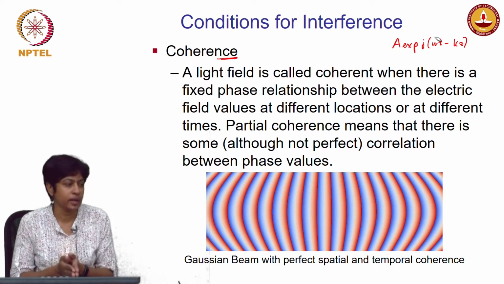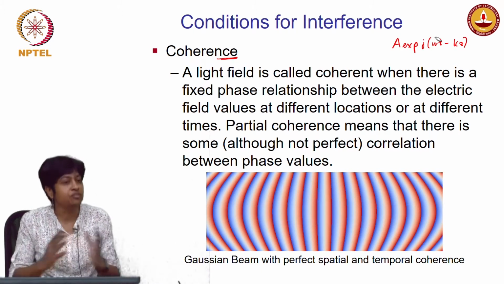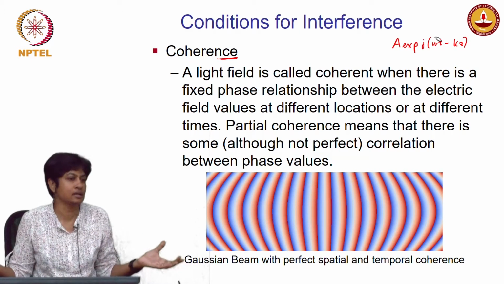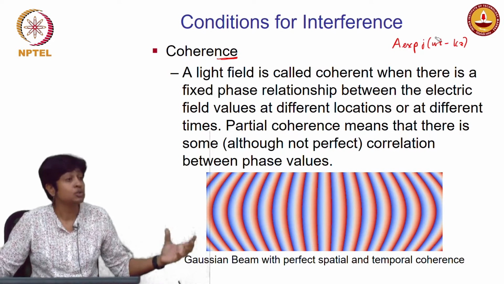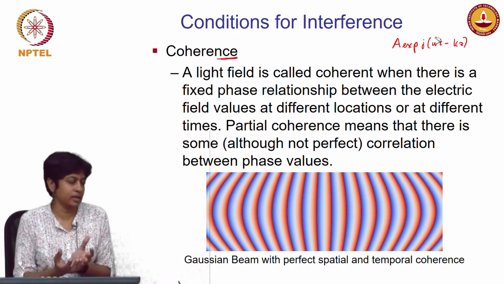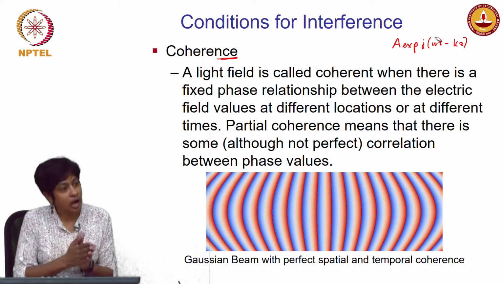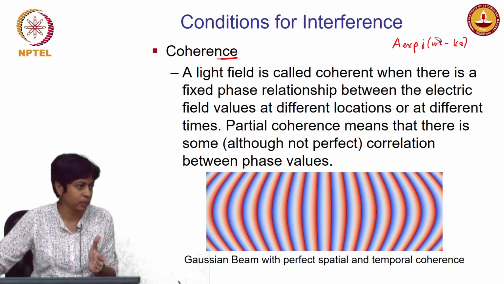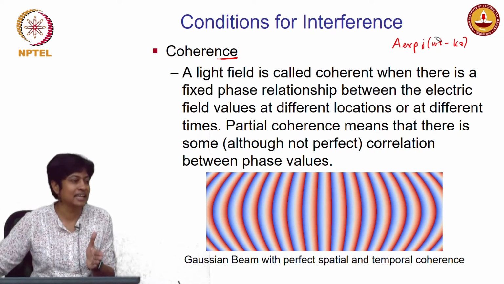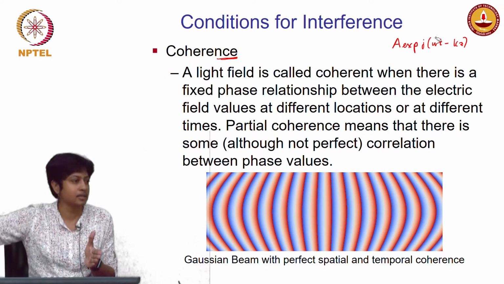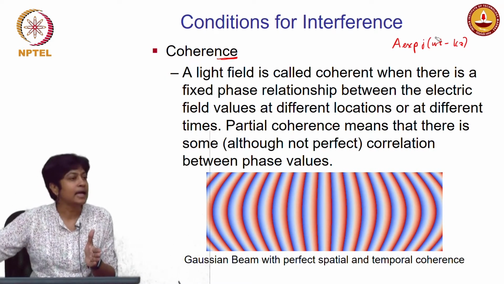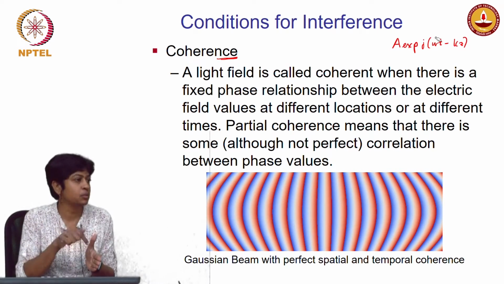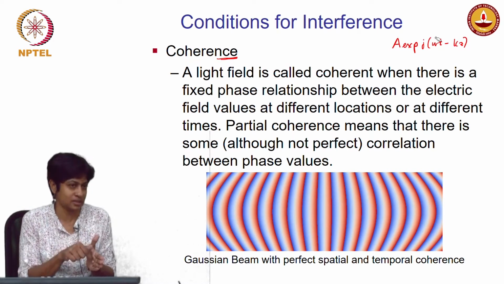Now, no wave will have a fixed relationship for infinite time and infinitely positioned locations. So, the degree of coherence depends on how far you can go away and still say the wave at this far distance, or the wave that is much delayed, is still correlated to the wave I am measuring at this place at this time.